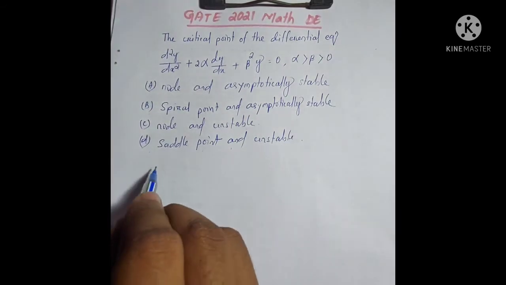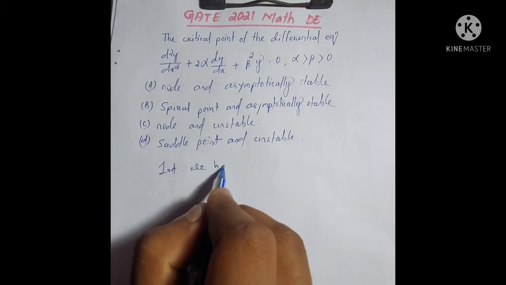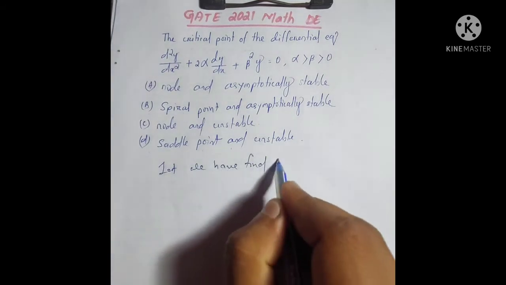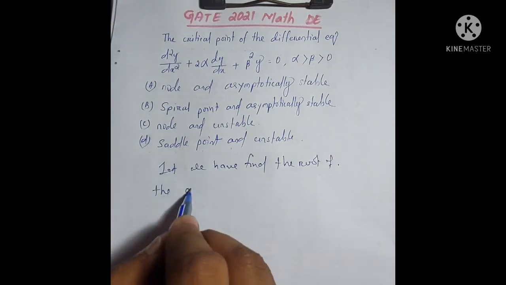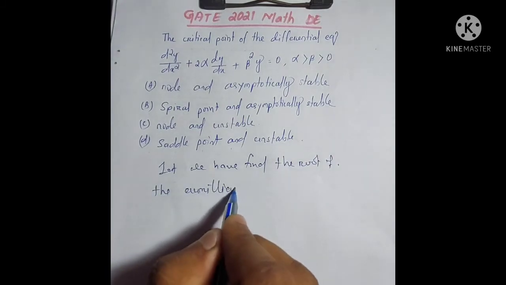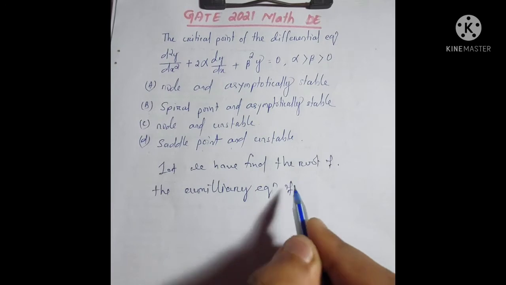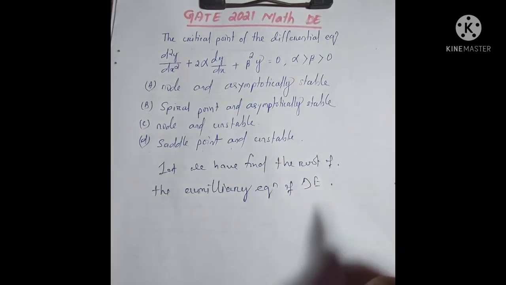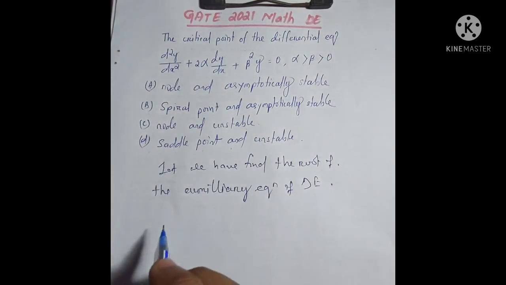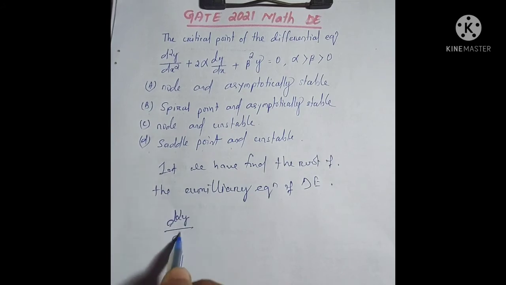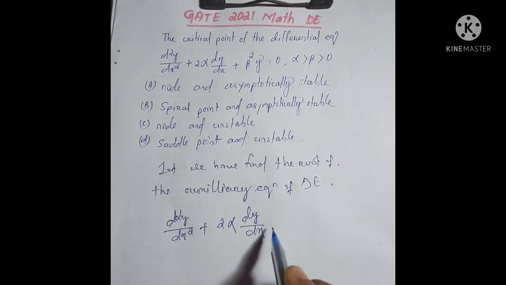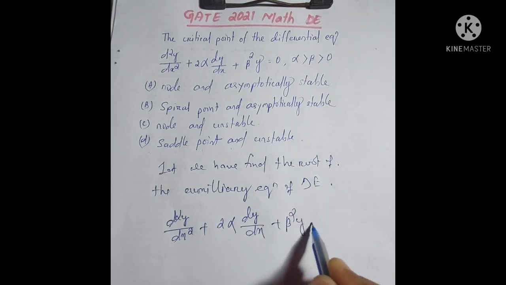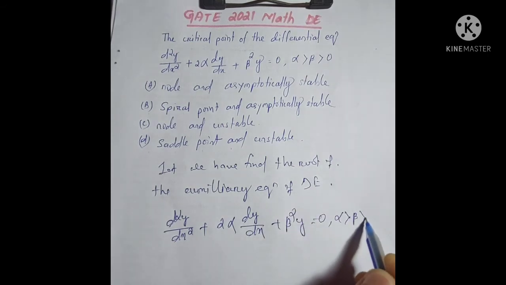So for this question, first we have to find the roots of the auxiliary equation of the differential equation. Now here the differential equation is d square y by dx square plus 2 alpha dy by dx plus beta square y is equal to 0, where alpha greater than beta greater than 0.